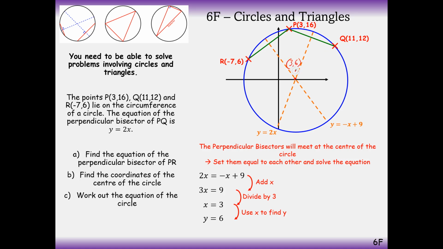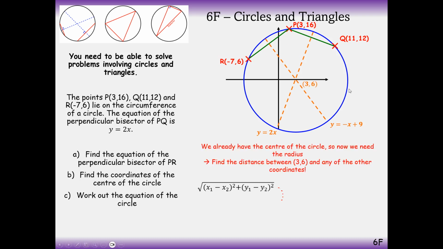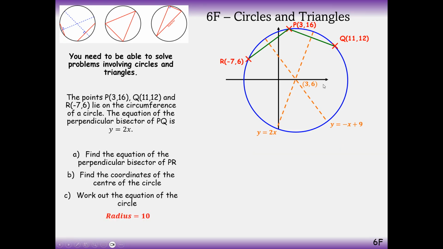You just need to figure out the distance between the center and any of these coordinates. So we've taken C and Q, the distance between C and Q, to find r. r is 10.